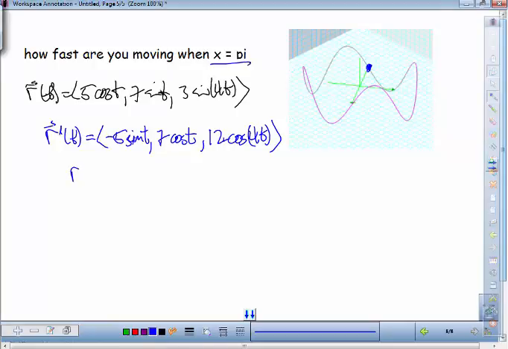So let's find out what r prime of pi is. Sine of pi is 0, cosine of pi is negative 1, 4 pi, cosine is positive 1. Is that right? So now this is easier to find the magnitude.